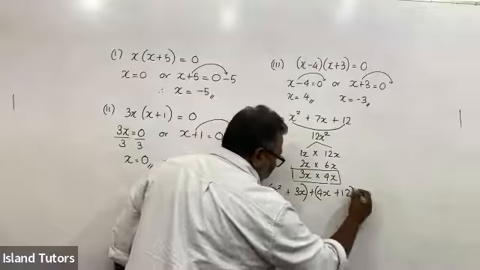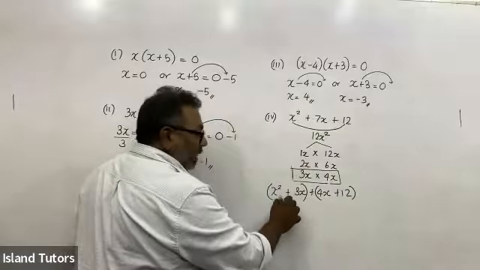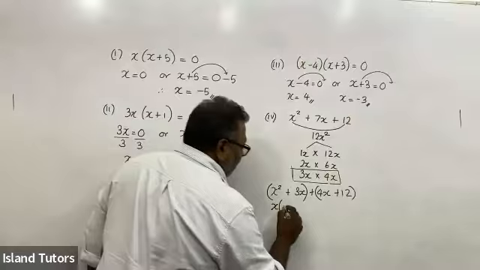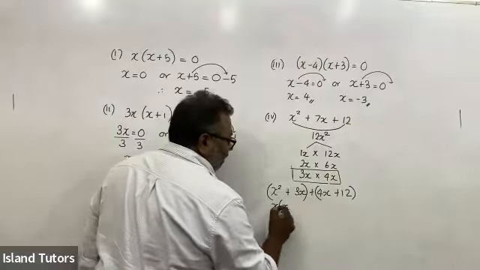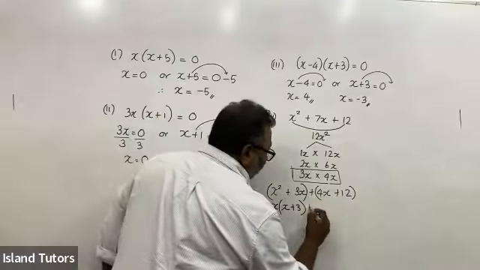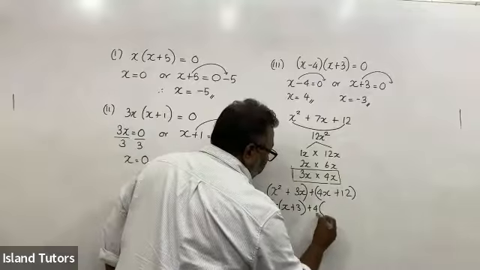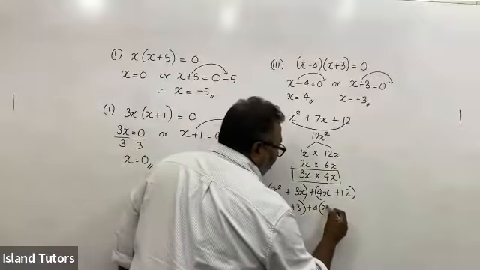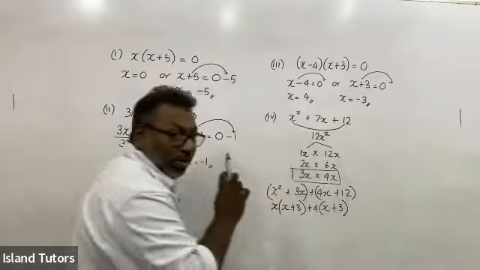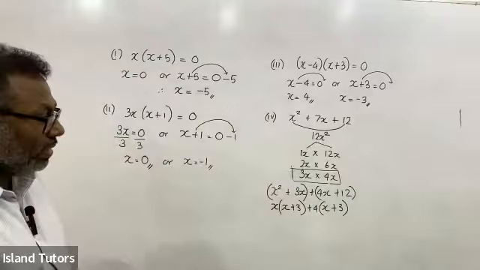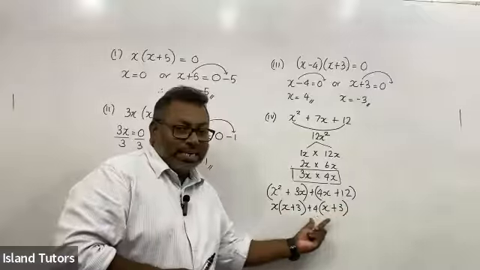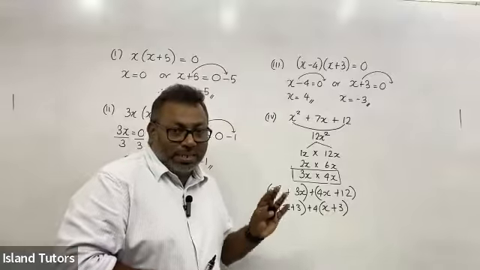Factorize now. X squared plus 3x is x. X squared divided by x is x. 3x divided by x is 3. 4x and 12, 4. 4x divided by 4 is x. 12 divided by 4 is 3. Even once you have done this, make sure the two factors inside the brackets are the same.